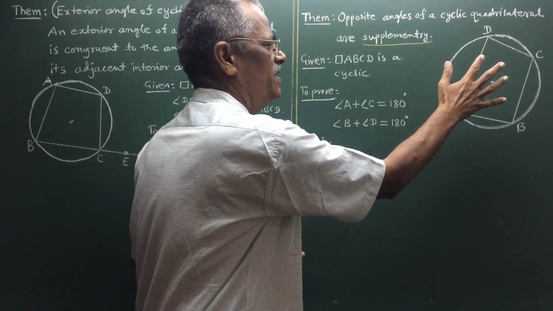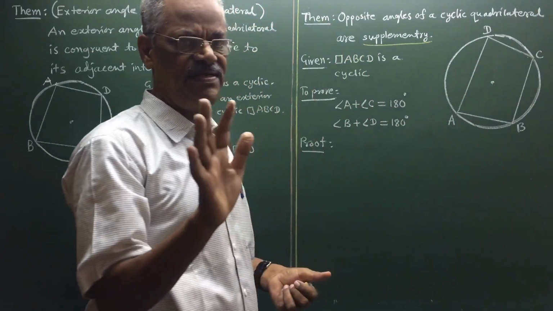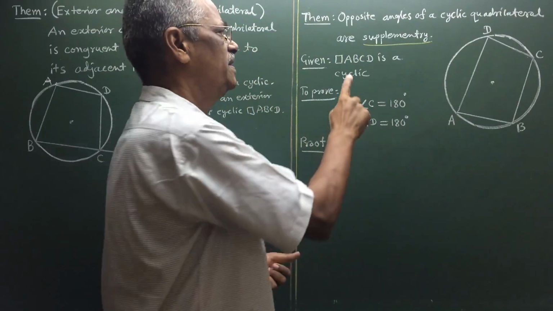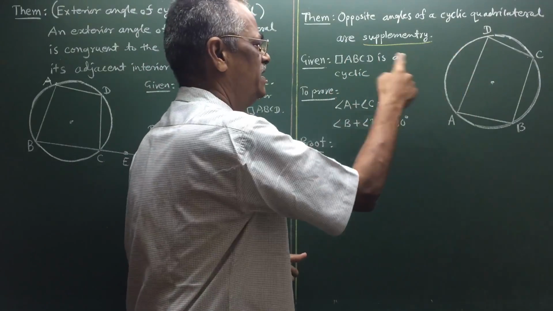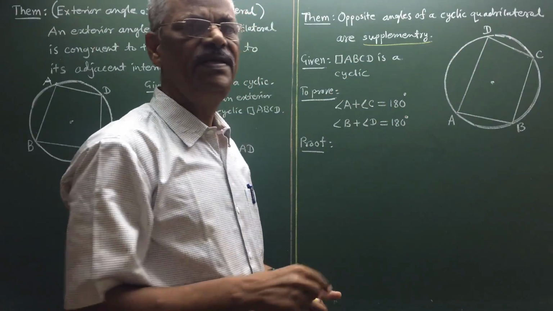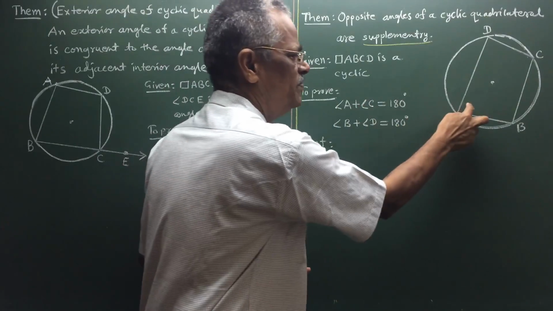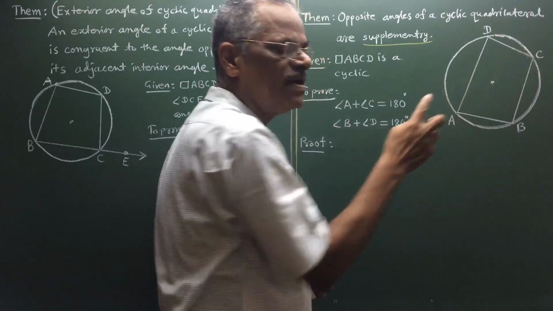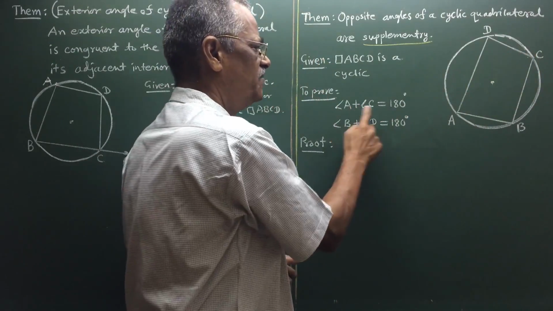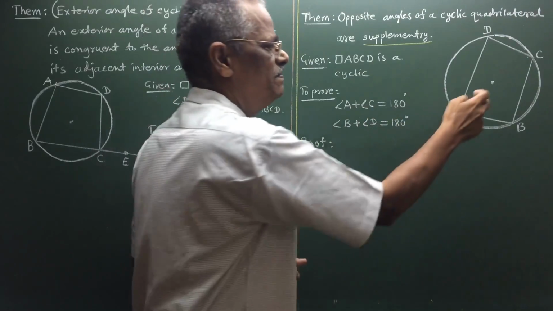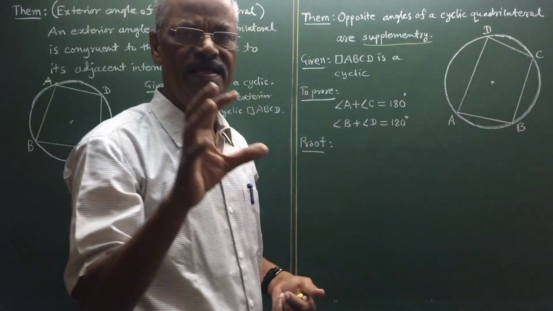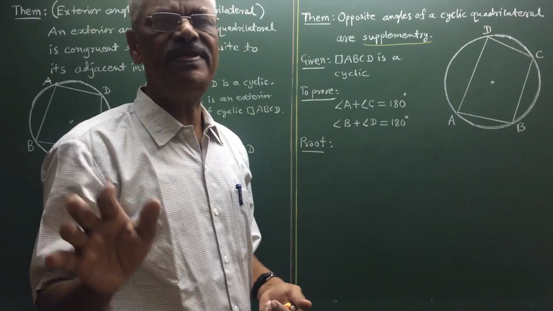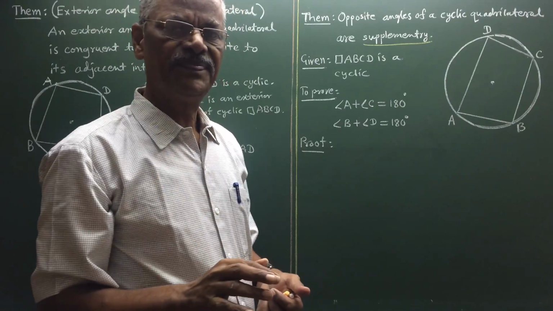So, in given part, we can write simply ABCD quadrilateral, it is cyclic. And to show that A and C are opposite angles, their total is 180. B and D, sum of their measures is 180. We have to prove this.